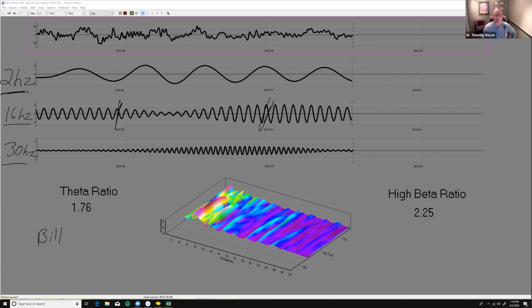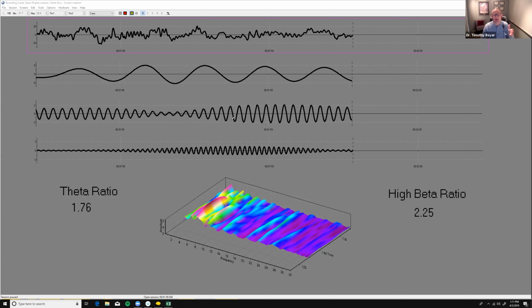Yes, there's 16 cycles. However, the height, this is so important to understand, the height changes, meaning there's more intensity in that cycle when the height gets higher or the amplitude is higher. That cycle is being represented more. It's absorbing more electrical current.